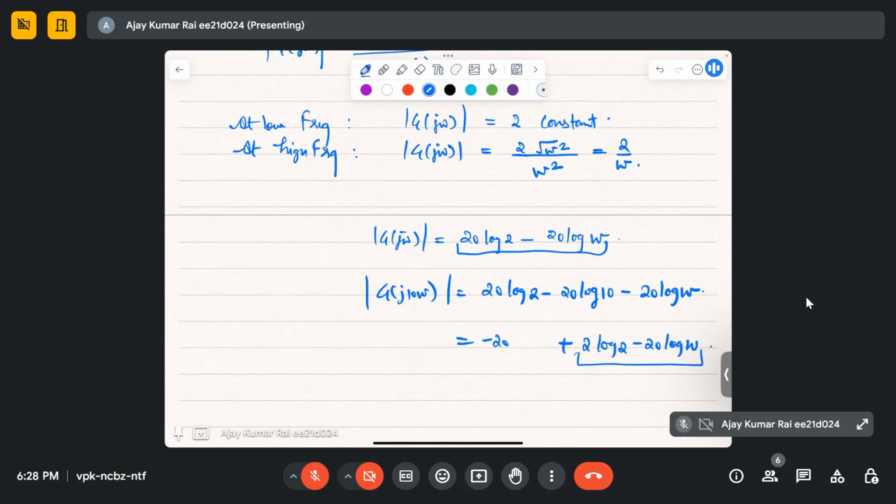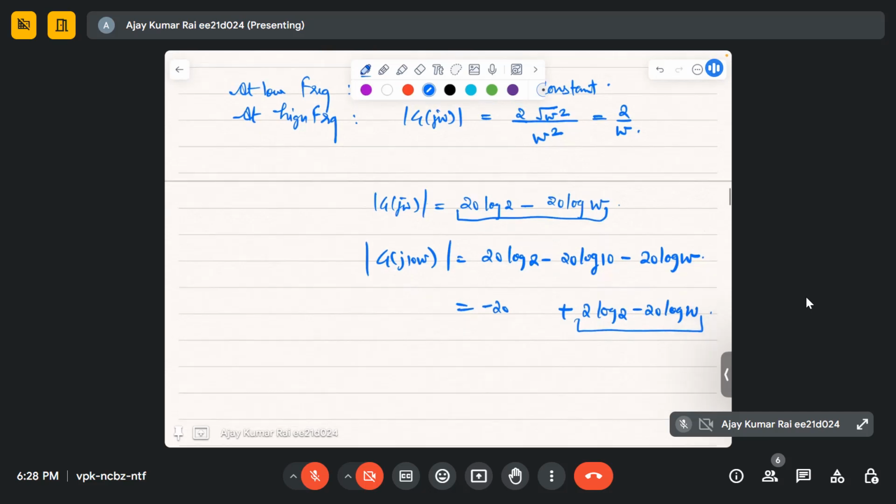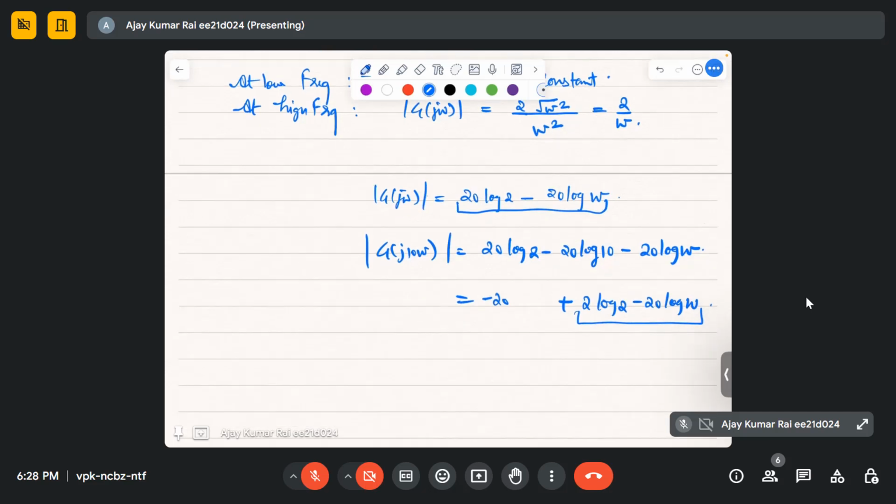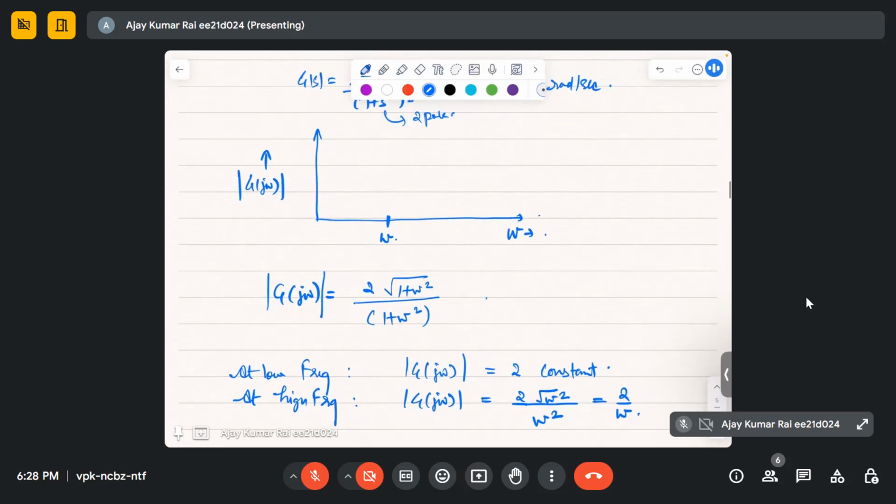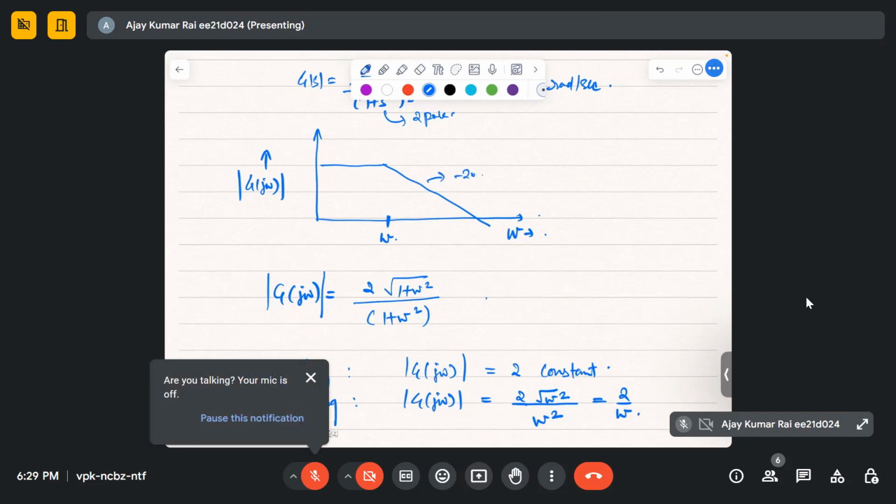So the magnitude has decreased by 20 if we go one decade higher. That means the slope is minus 20 dB per decade.